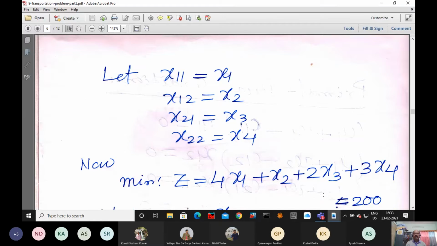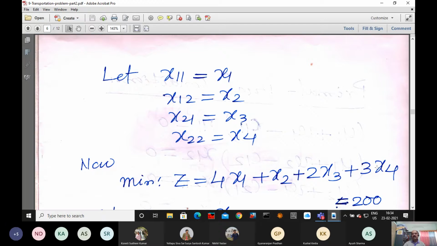So with respect to this, we have the dual variables. To find the dual, we'll make some assumption like this: x11 equal to x1, x12 equal to x2, x21 equal to x3, x22 equal to x4. Then this becomes simpler: 4 into x1 plus x2 plus 2 into x3 plus 3 into x4.